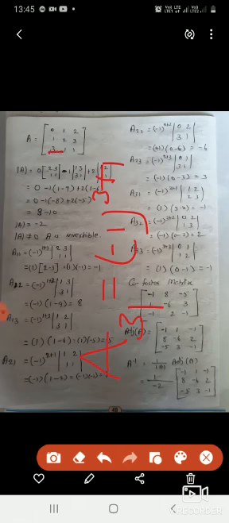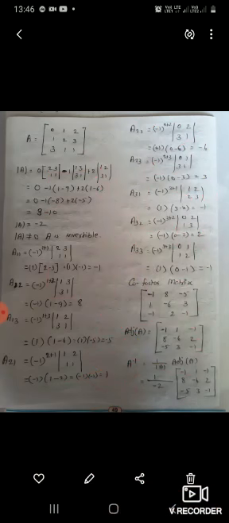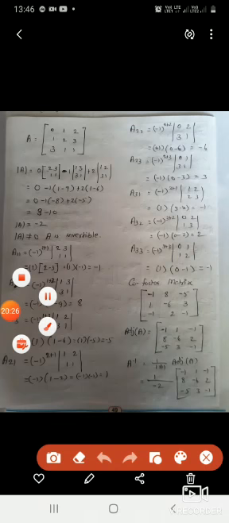Third row, first column you are leaving, it is 1, 2, 2, 3. So it is 3 minus 4, that is equal to minus 1. So A31 is equal to minus 1. All the values you are going to find out, A22, A23, A31, A32, A33.